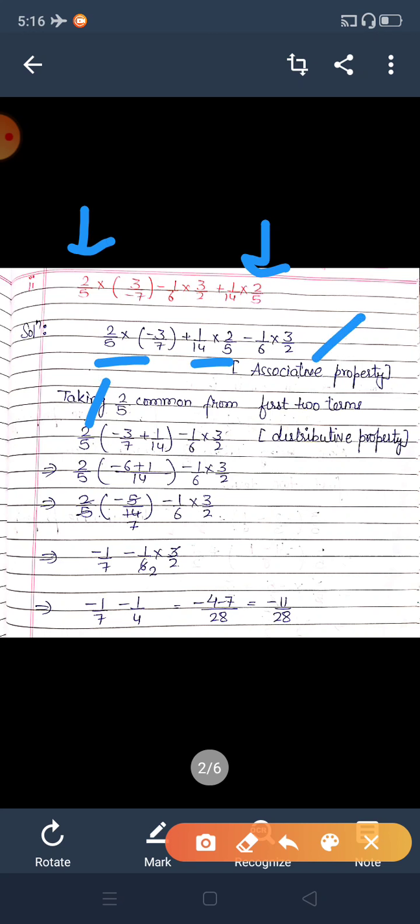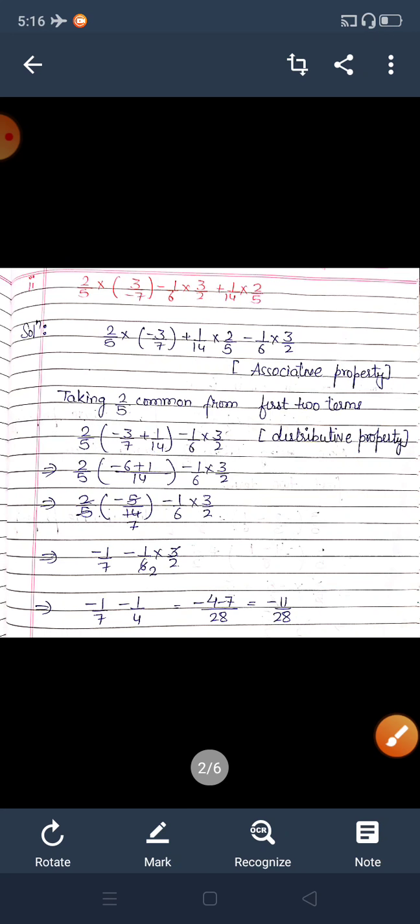This is associative property, this is distributive property. Taking the LCM and with multiplication we will solve and we will get the answer minus 11 by 28. You will try to solve this yourself first, and if you have any problem you can ask me, or otherwise you will see the solution here.